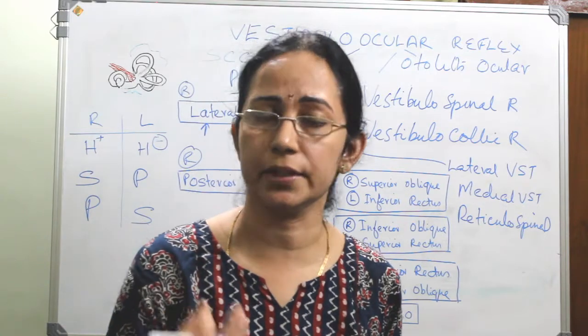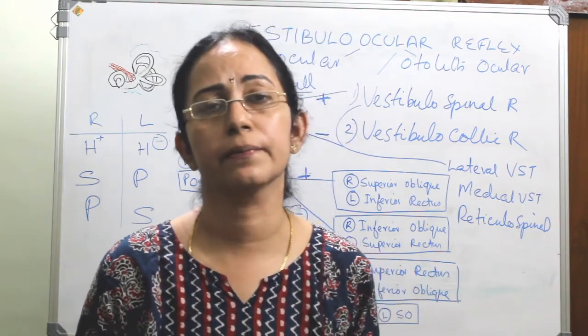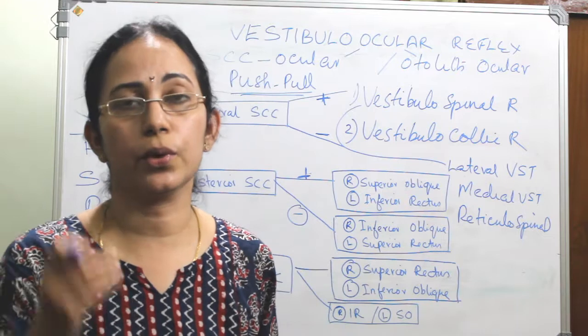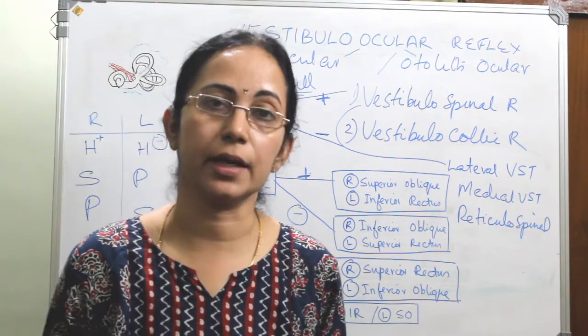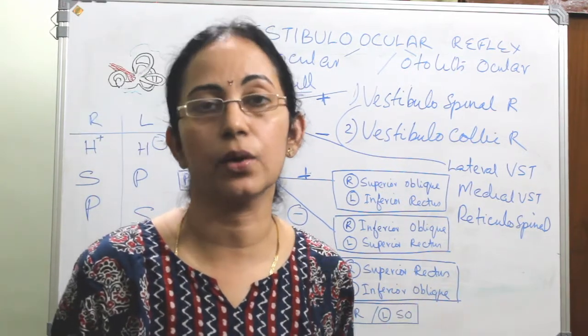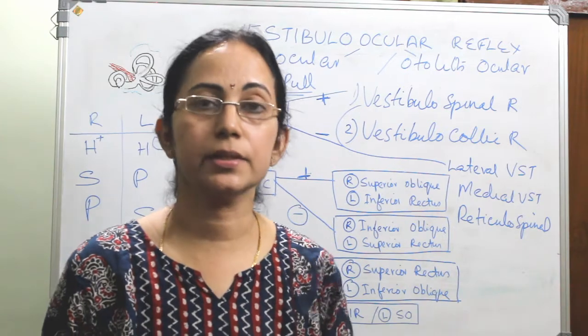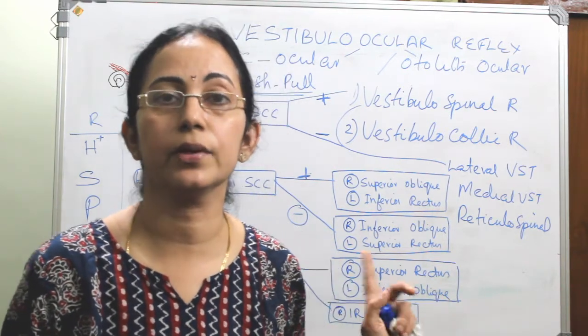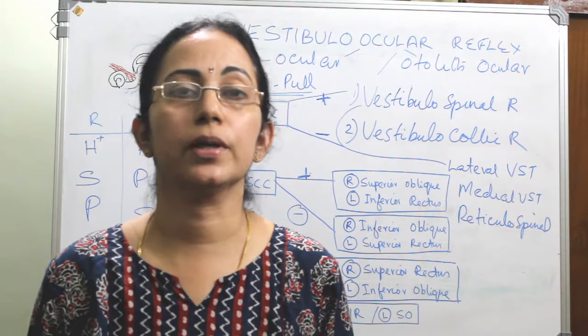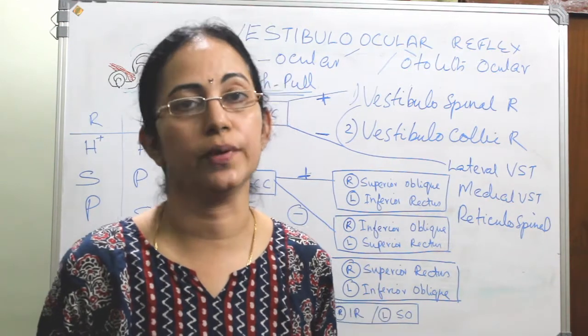This depolarization causes increased neuronal activity within the afferent nerve endings, and the primary neuronal afferent will go to the Scarpa's ganglion, which is situated in the internal auditory canal, and from the Scarpa's ganglion, afferents will go to the vestibular nucleus, which is in the floor of the fourth ventricle.